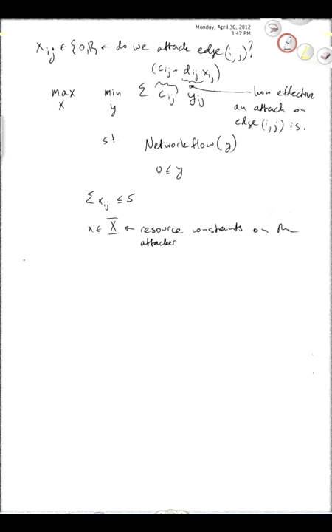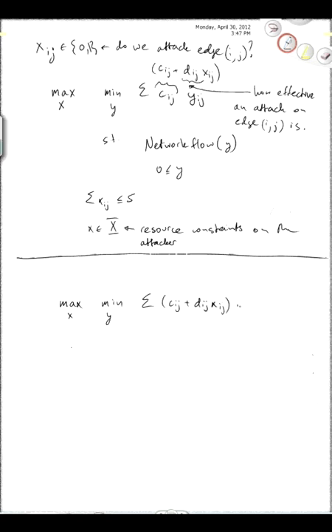Let's clean up our thought process and rewrite it a bit. So we have something that looks like this. Maximize over some x variables, minimize over some y variables, the sum of Cij plus Dij Xij, subject to some kind of network flow constraints on the y variables.